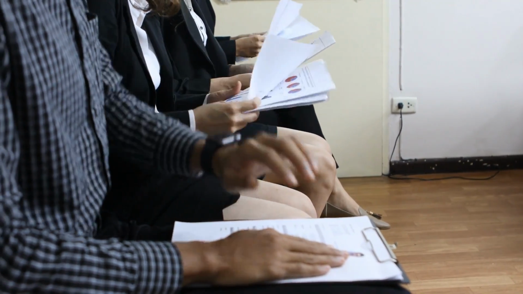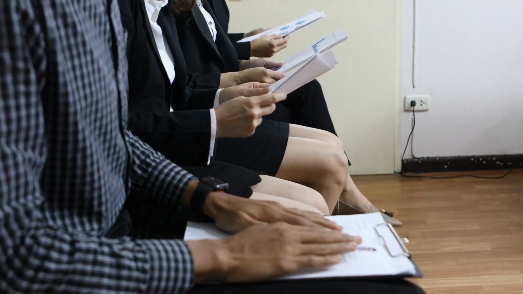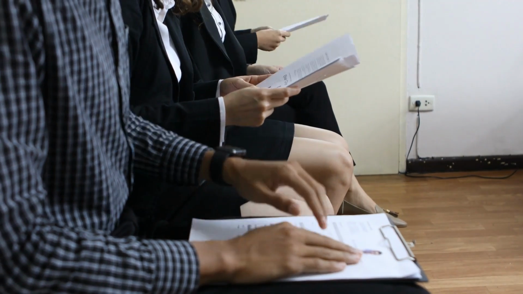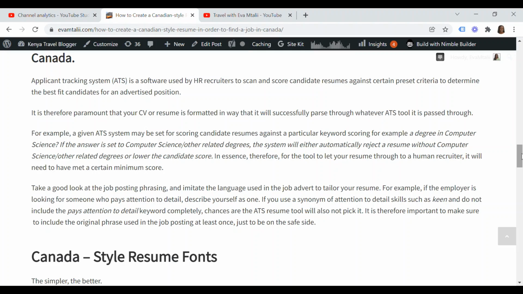For example, a given ATS system may be set for scoring candidate resumes against a particular keyword, for example, a degree in computer science. If the ATS is set to computer science or another related degree, the system will either automatically reject your resume if it doesn't have computer science or other related keywords, or it will lower your candidate score.